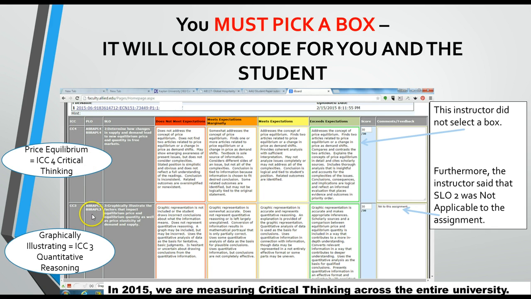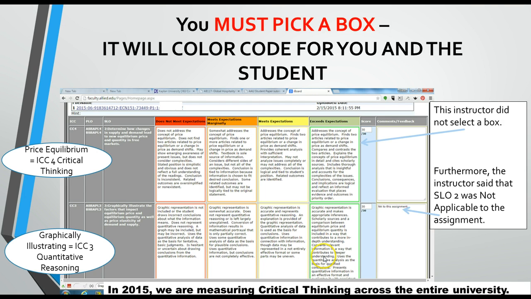The ICC3 is measured in graphical illustration. That's a quantitative reasoning ICC. And so when we ask the student to graphically illustrate, we are asking them to demonstrate that they have achieved quantitative reasoning with this particular SLO and this particular task inside the assignment.